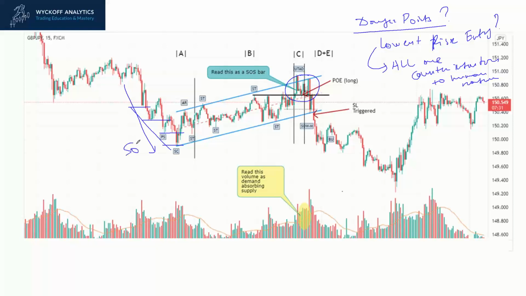So for instance, you are starting to see shortening of the thrust, and then you're starting to see climactic volume that is coming in. And then suddenly you see the first rally as a change of behavior rally. You know that this will be followed by the test. If the test holds, that's your lowest risk point on the trade that you're thinking, to the upside here.